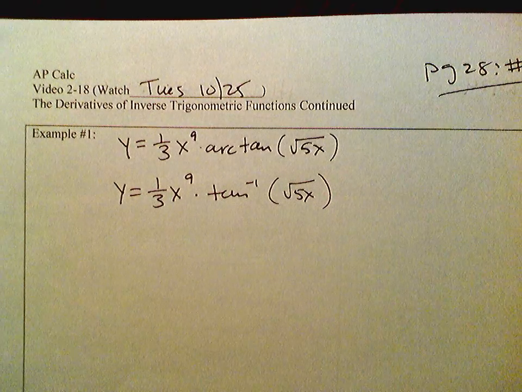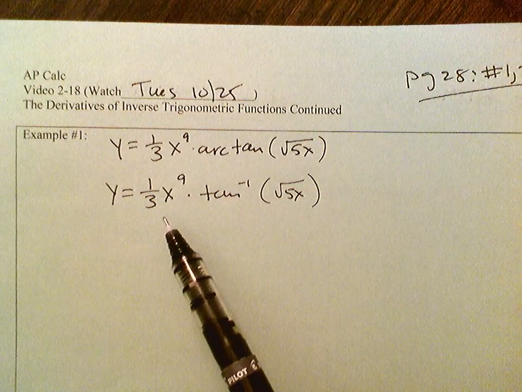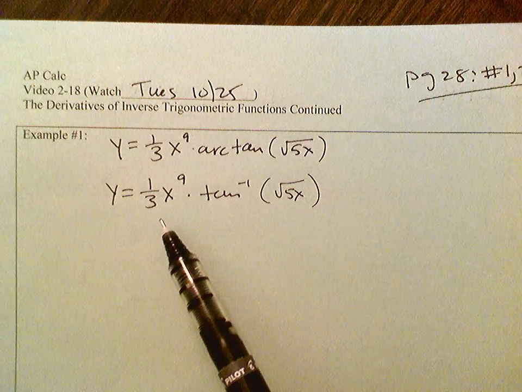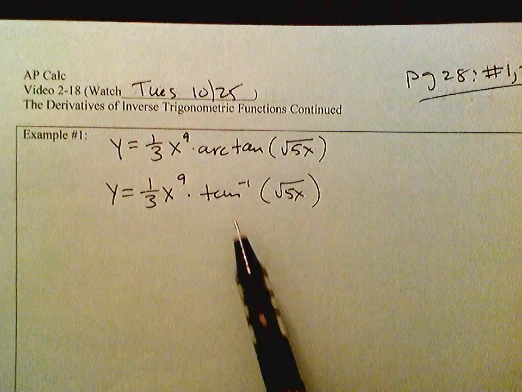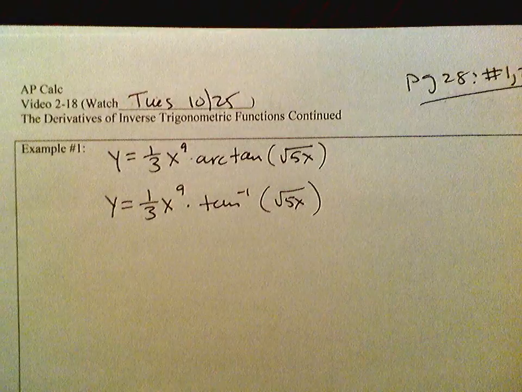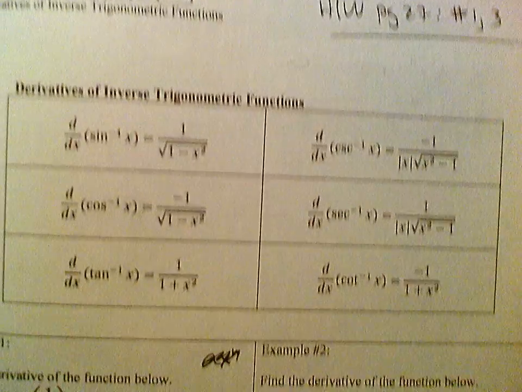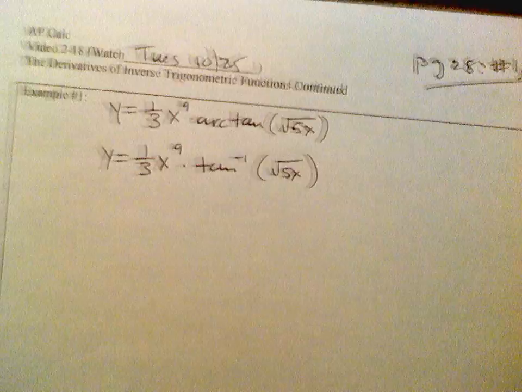So there's that. Now, I have to ask myself, how am I going to take the derivative of this? What rules are involved? Well, I see a term that looks of the form ax to the n, so I know I'll be using the power rule. I see the inverse tangent function, so I know that I'll be using these formulas from yesterday's lesson, or one of them.